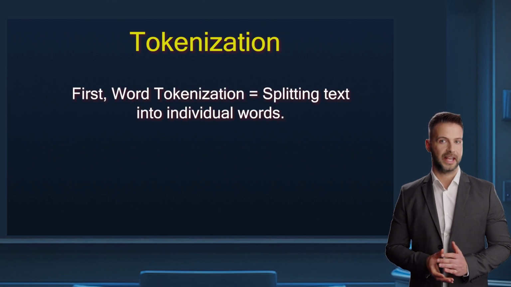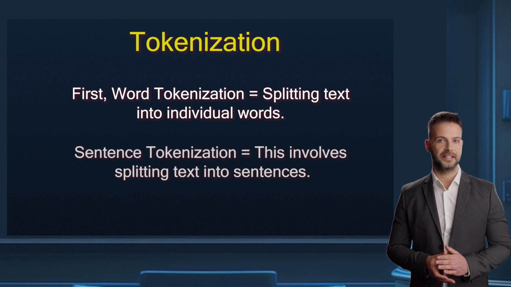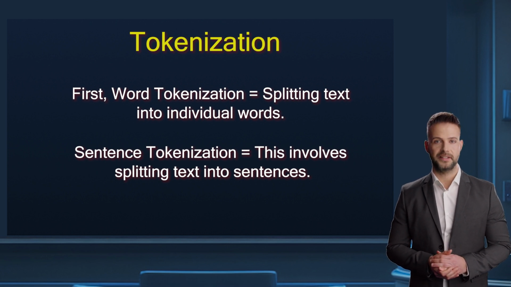This involves splitting text into individual words. It is the most common form of tokenization and is useful for tasks like text classification and sentiment analysis. Second, sentence tokenization. This involves splitting text into sentences. This is particularly useful for tasks that require understanding the context of sentences, such as summarization.